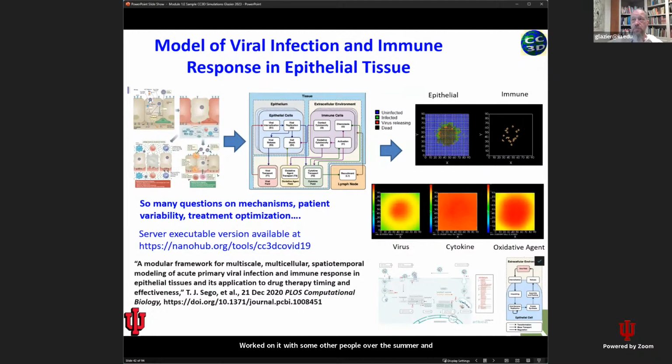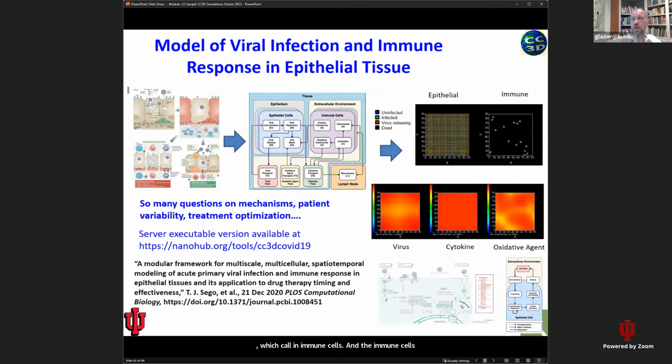In this case, we started out with a single infected cell and a patch of simulated epithelial tissue. The infection spreads through the tissue by replication and release of the virus in the cells. That replication and release sends signals, cytokines, which call in immune cells, and the immune cells then kill infected cells.